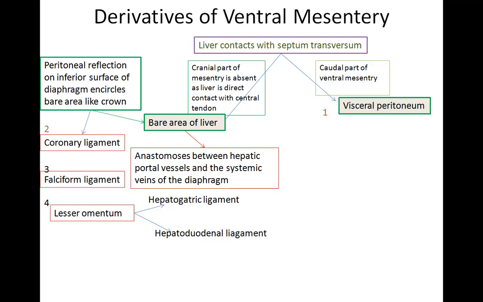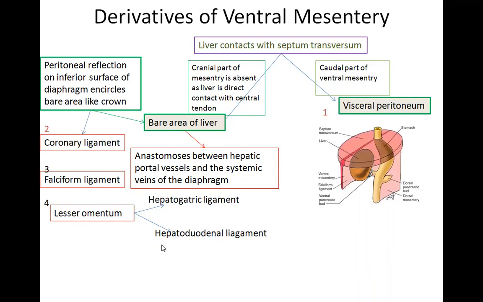It will divide the ventral mesentery into a sickle-shaped fold, which is falciform ligament, which connects the liver to the anterior abdominal wall, and posterior to the liver will be the lesser omentum, which is again divided into hepatogastric ligament, which is cranial part, and the hepatoduodenal ligament, which is the caudal part.